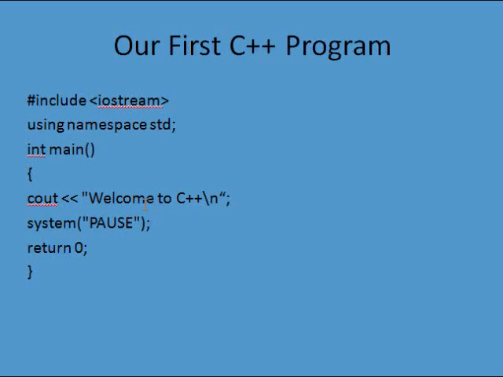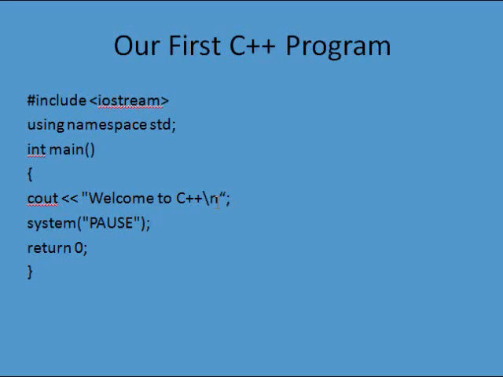You'll see this \n after the welcome to C++, and you won't see that in the console. What that does is start a new line. So when the compiler sees the \n, that tells it, I need to start a new line.